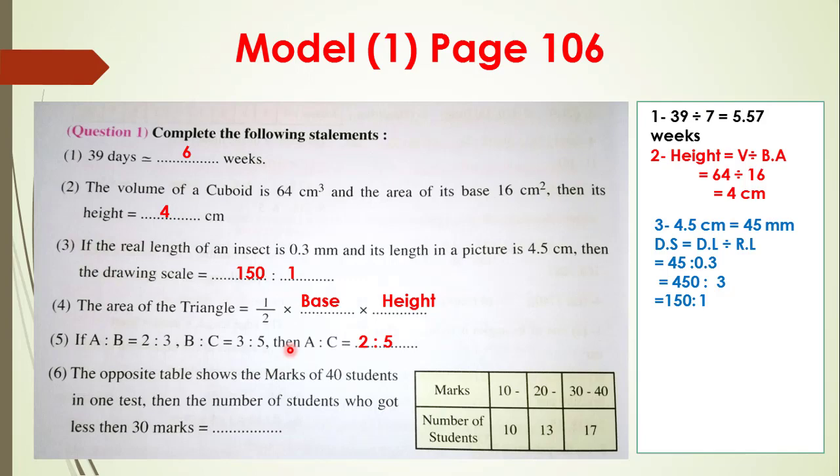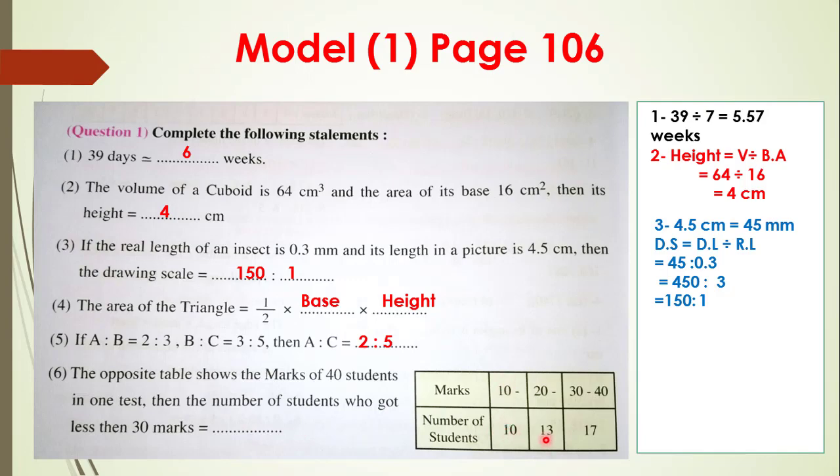Number 6. The opposite table shows the marks of 40 students in one test. The number of students who got less than 30 marks. Look at the table. Here we have the marks from 10 to 20, 20 to 30, but don't take 30, then 30 to 40. I want the students who got less than 30, so the first two groups.